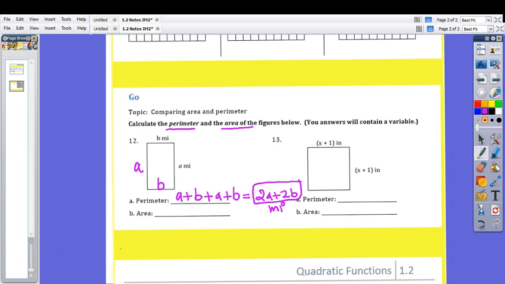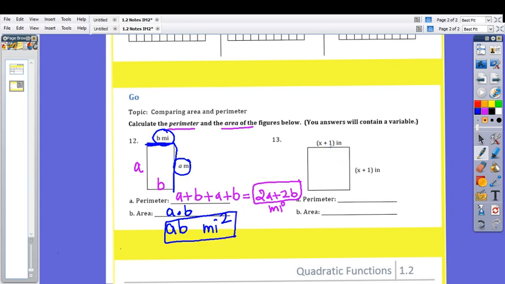Okay, so that's that. Now let's do the area. For area, you just multiply the sides, so you multiply B to A. So it will be A times B, which will give you just AB, and the unit for area will be miles times miles, which will make it miles squared, and that's your answer for that one.